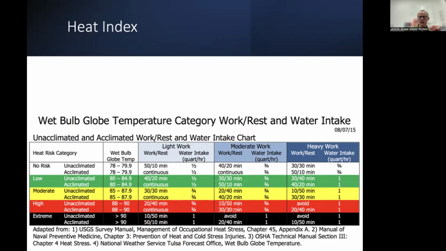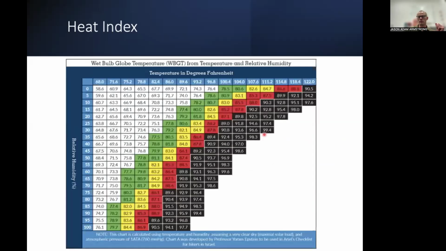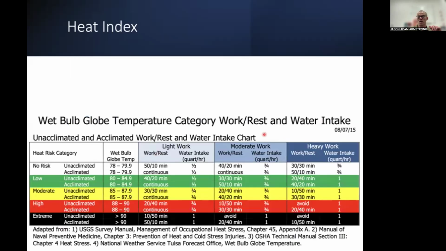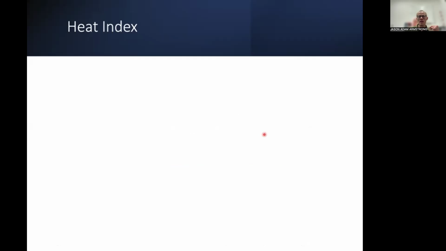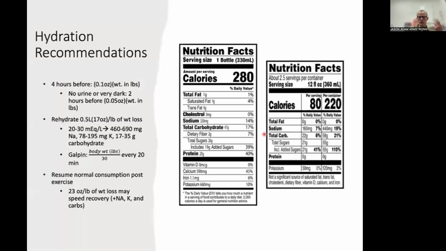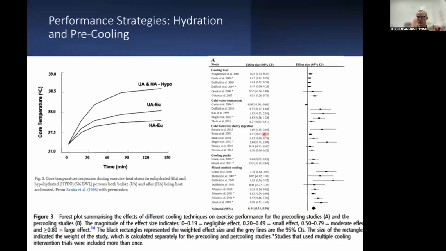Even if you're acclimated, we still want a 30-30 ratio here, and 10-50 if you're unacclimated, okay? If you are engaging in heavy work in that 87 wet bulb globe temperature, and you're not acclimated, we would say avoid work in that case, okay? And increase water intake. So these are just some really helpful practical recommendations, and you can use these two figures in conjunction to determine appropriate ingestion. You can also obviously use these equations to help determine appropriate ingestion of fluid.